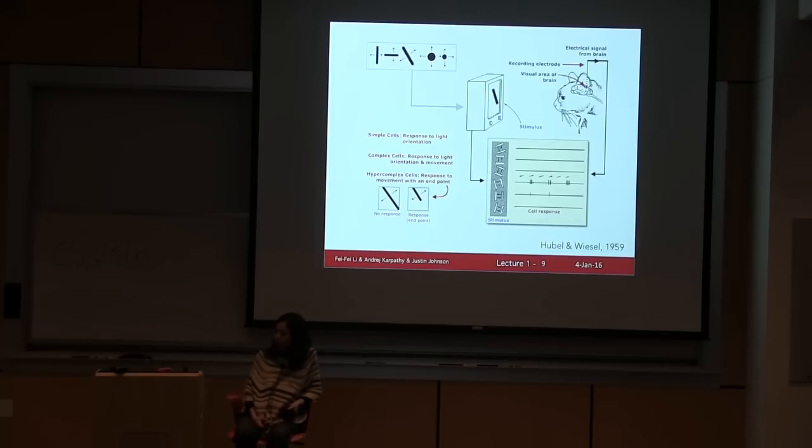They used awake but anesthetized cats, and there was enough technology to build a little needle called an electrode, to push through the open skull into the brain of the cat, into an area we already know as primary visual cortex.